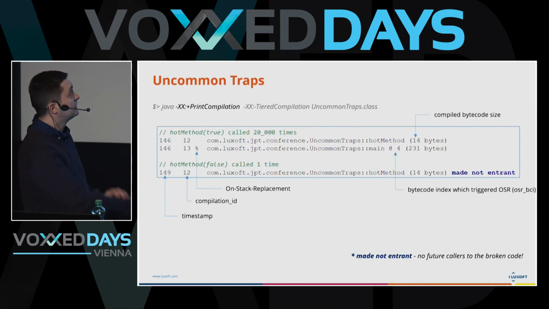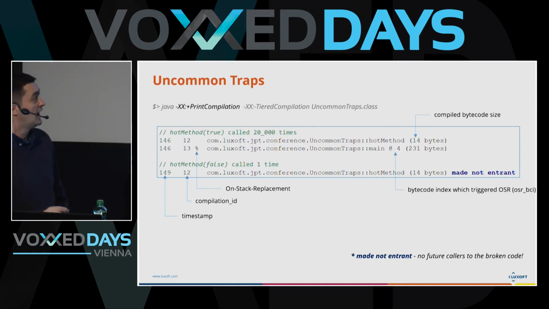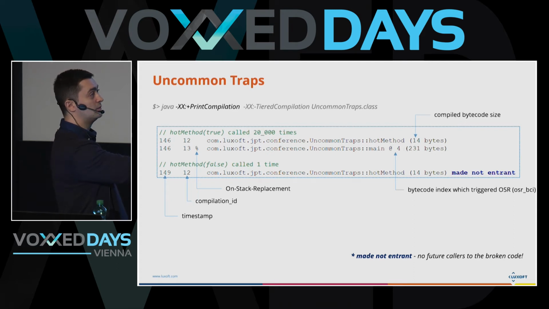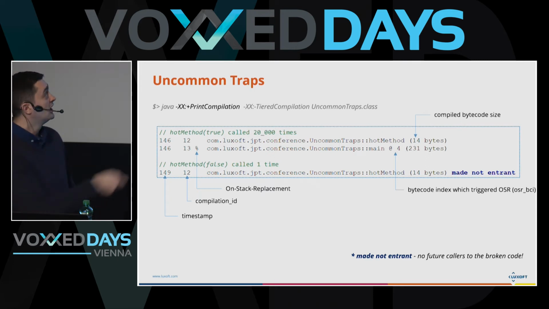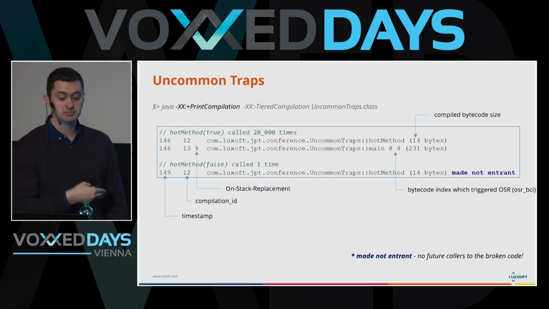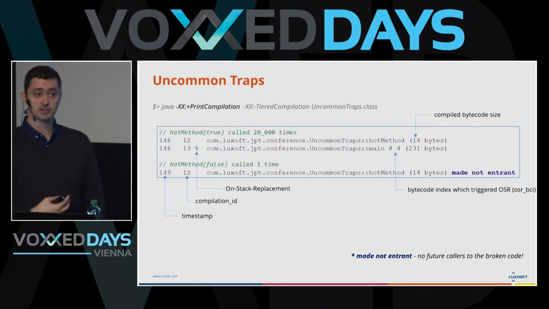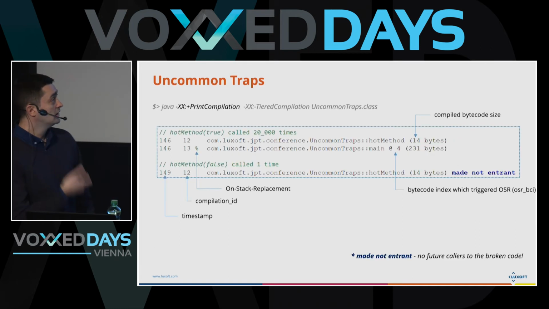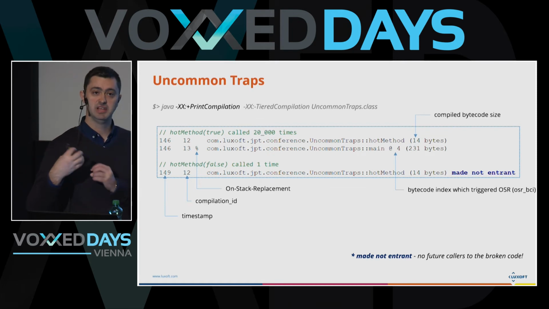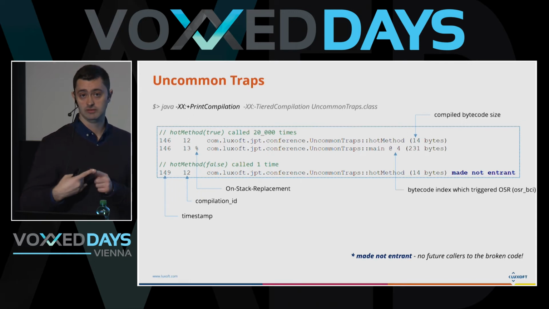What happened afterwards, immediately when we called just once with hot method of false, we see here this mark which is saying "made not entrant", which means all the assumptions, all the optimizations made previously when the method was called by true are not valid anymore. So mainly the uncommon trap was hit and the method was bailing back into the interpreter. That's why there is that big discrepancy, like 100 times more when I called once with false in regards with the previous one.